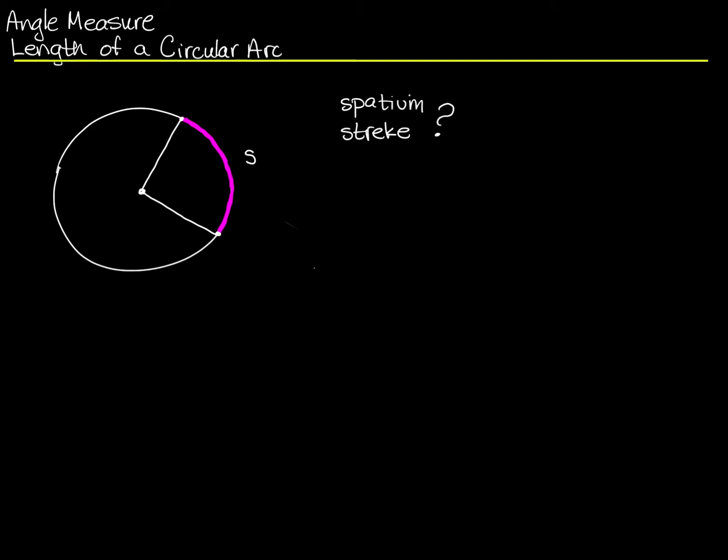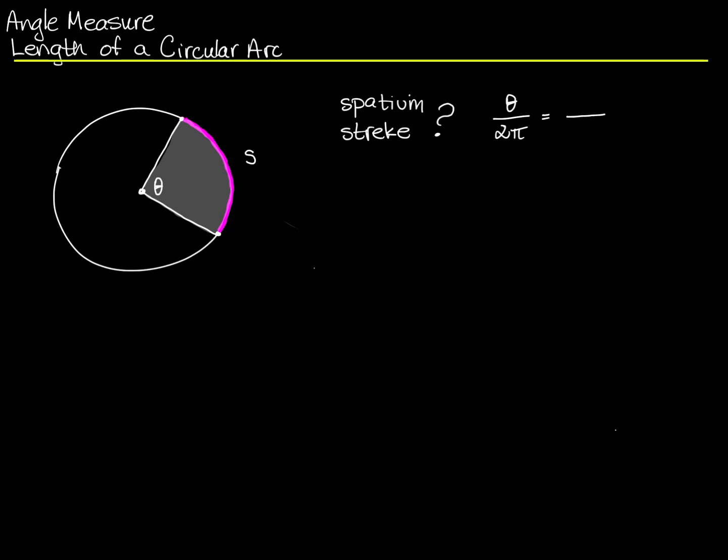No matter how big that angle is, and I'm just going to call it theta here because that's usually what we do for angles, the percentage of the circle that we have in this region here is the angle theta divided by the angle 2 pi, the whole circle.